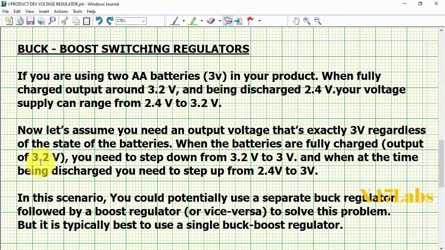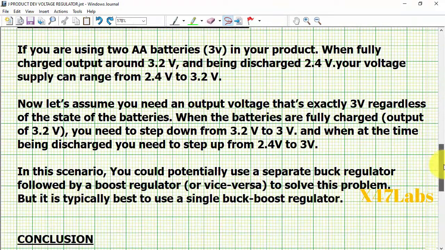When the batteries are fully charged, at 3.2V, you need to step down from 3.2V to 3V, and when discharged you need to step up from 2.4V to 3V. In this scenario, you could potentially use a separate buck regulator followed by a boost regulator, or vice versa, to solve this problem. But it is typically best to use a single buck boost regulator.